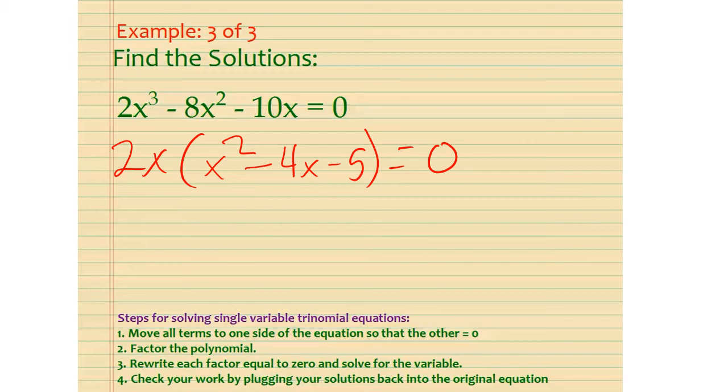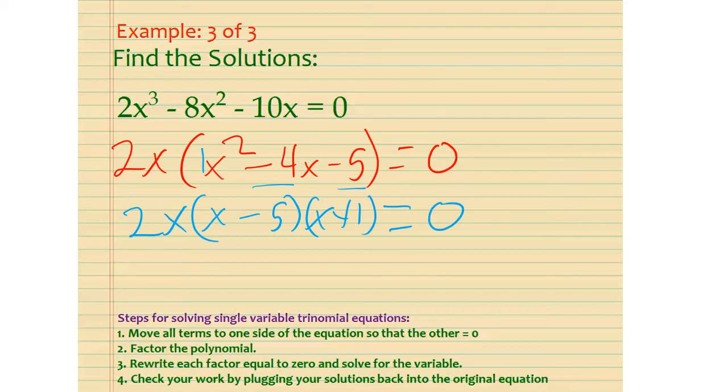Okay, now since I've got a 1 in front of the x squared, I can ask the question, what two numbers multiply to get negative 5 and add to get negative 4? And the answer would be negative 5 and positive 1, right? So I got x minus 5 and x plus 1, and I have to remember to bring down this 2x.